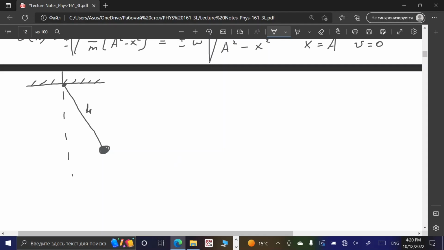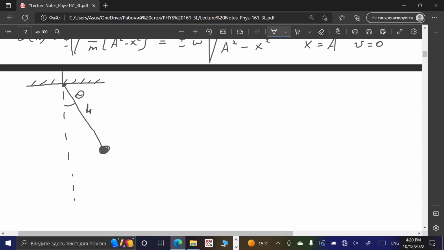So let's schematically represent a mathematical pendulum. Here is some heavy object attached to a rope with length L. Here is some vertical line. This pendulum is deviated with respect to this vertical line by angle theta.